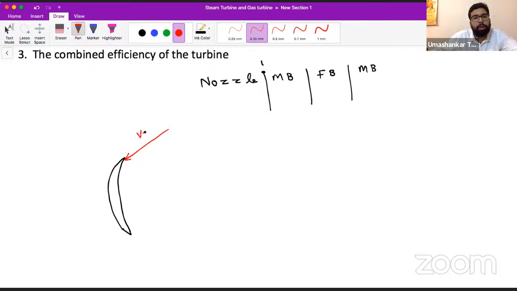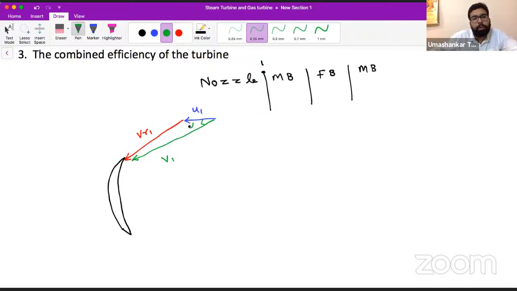This was VR1, and this was U1. This was V1. This is also common in fluid machinery.